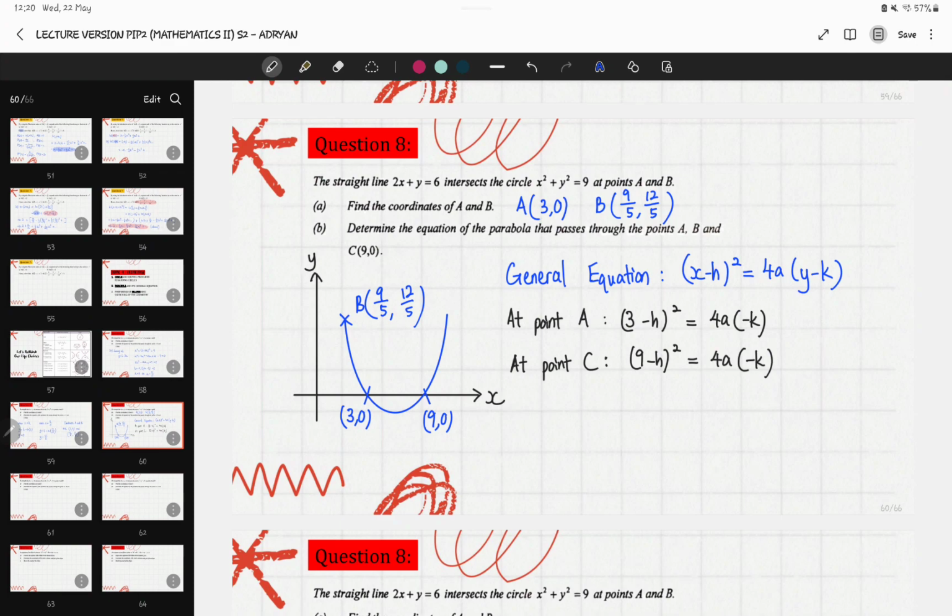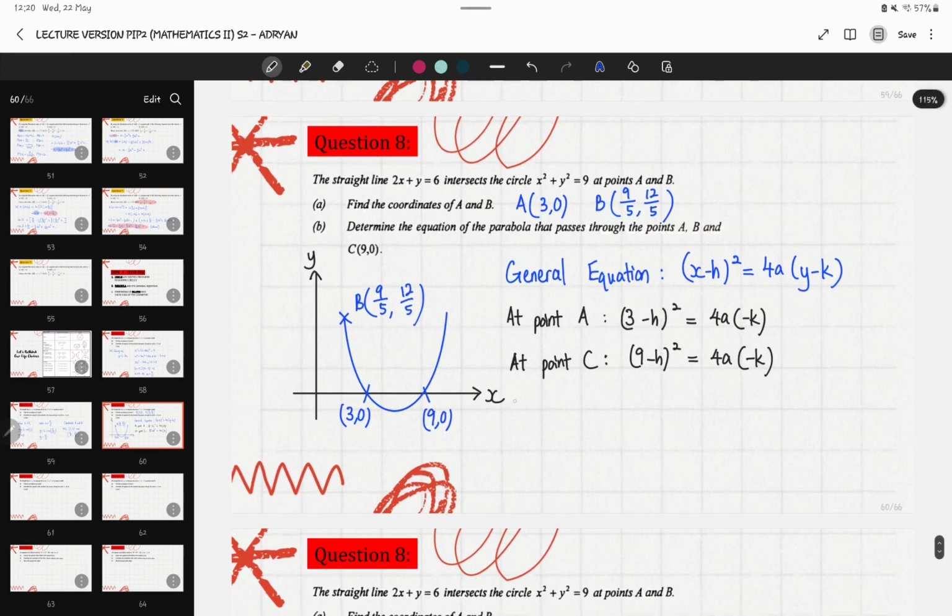We can form a third equation at point B as well: (9/5 minus h) squared equals 4a times (12/5 minus k). This is your third equation. So you have three equations, and you can solve simultaneously.